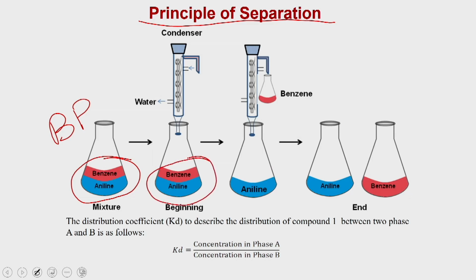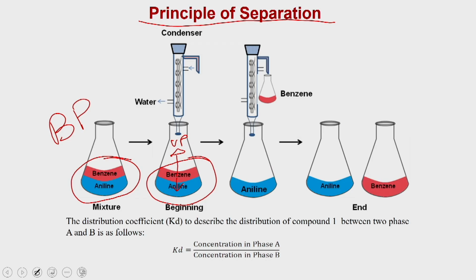And as soon as we start heating up, both the benzene as well as the aniline are going to form the vapor phase. So, the mixture is going to be fractionated into two phases. One is called the vapor phase, the other one is called the liquid phase. Both molecules, the benzene as well as the aniline, are going to distribute themselves into the two phases.